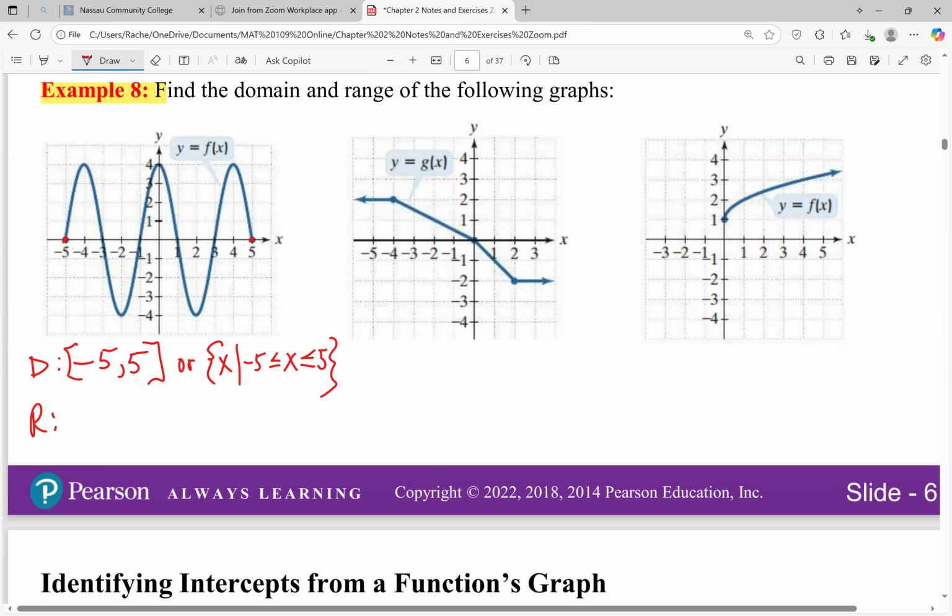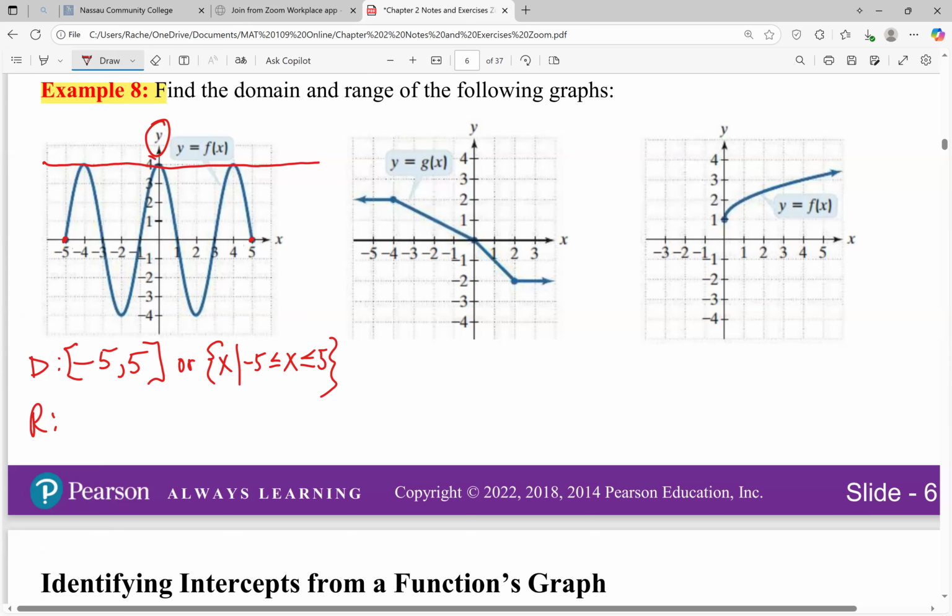Now let's talk about the range. So now look up and down, vertical direction. What is the range of values, of Y values, that this graph spans? So look at the bottommost portion of the graph. It doesn't go below -4, right? And then the highest the graph goes is +4.